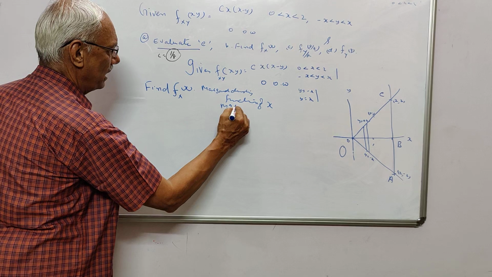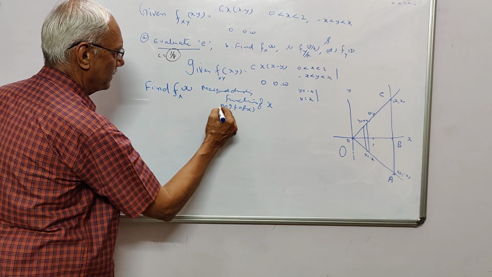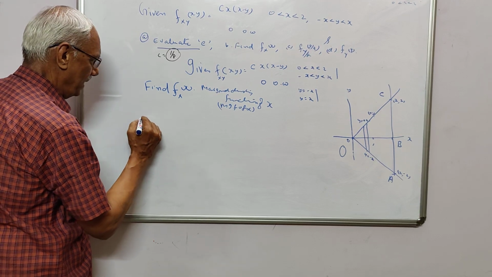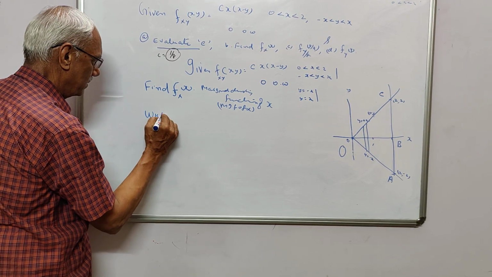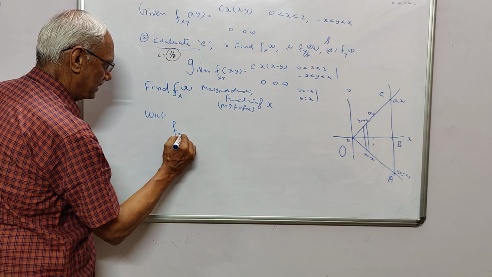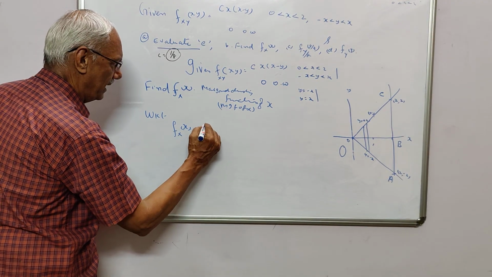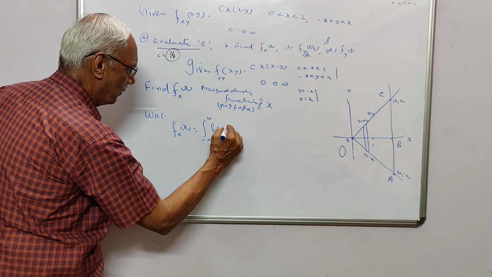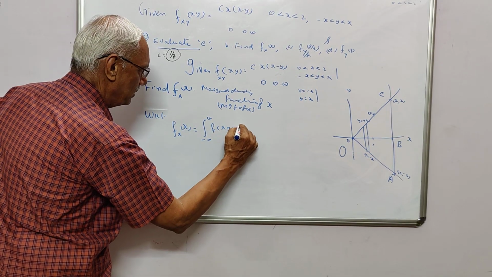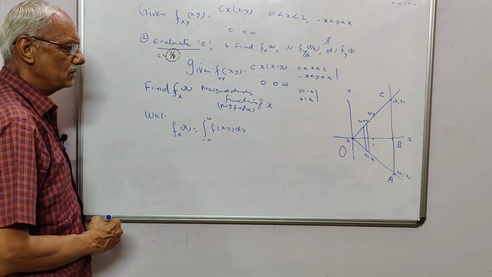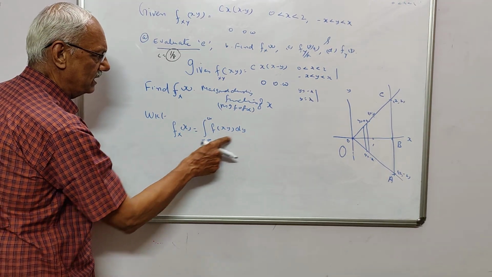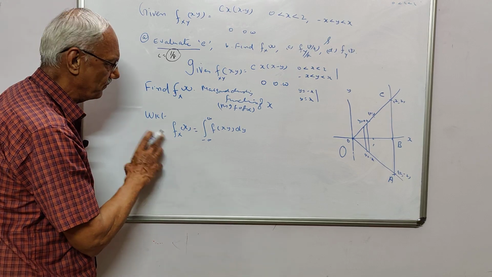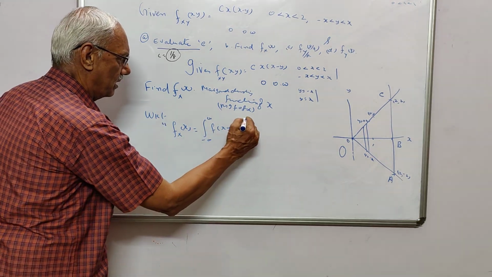It is given by, we know that, f_X(x) equals the integral from minus infinity to plus infinity of f(x,y) dy. The limits are minus infinity to plus infinity, but understand that this is a general formula, so I will put it in inverted commas.